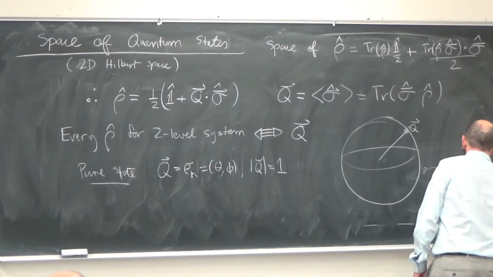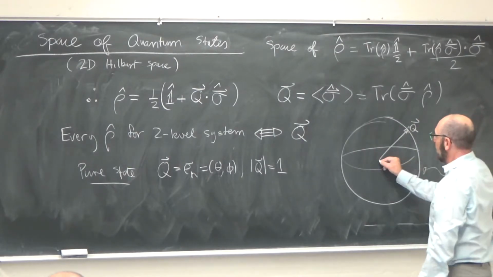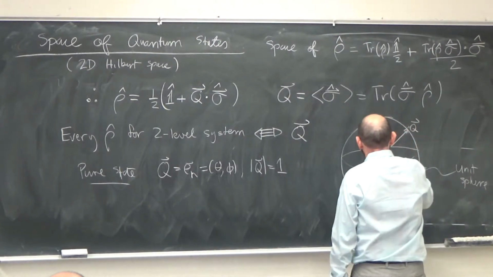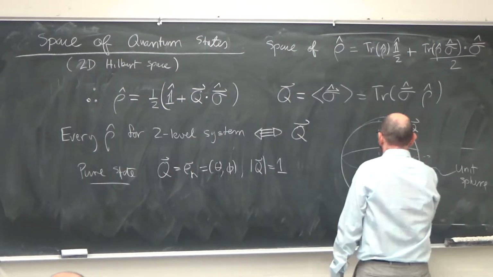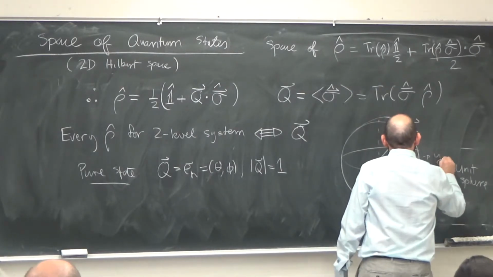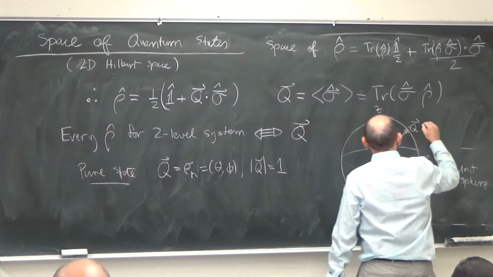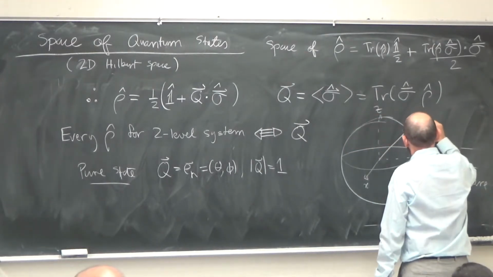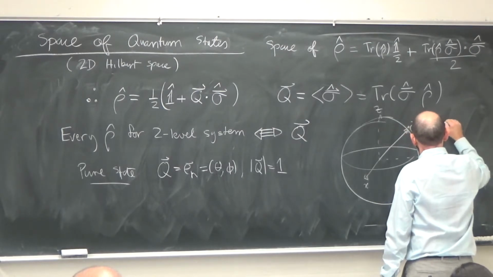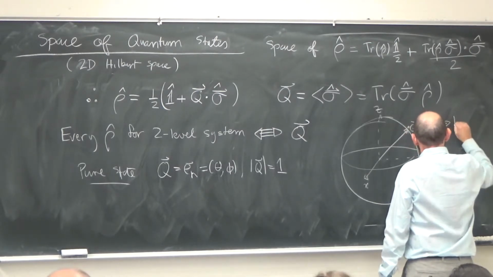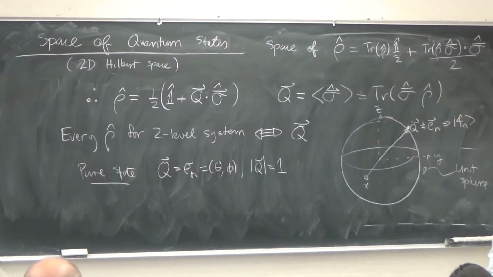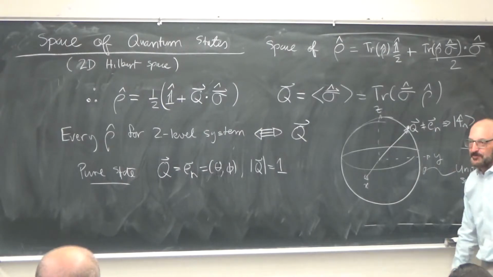A sphere which has unit length, and then it's got these directions. This is the x-axis, this is the y-axis, this is the z-axis. This direction is the direction which is equivalent to spin up along n. So spin up along n is that direction on the sphere.